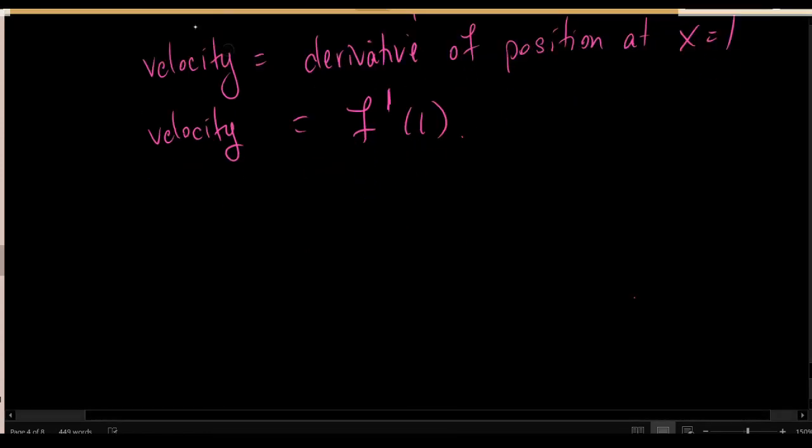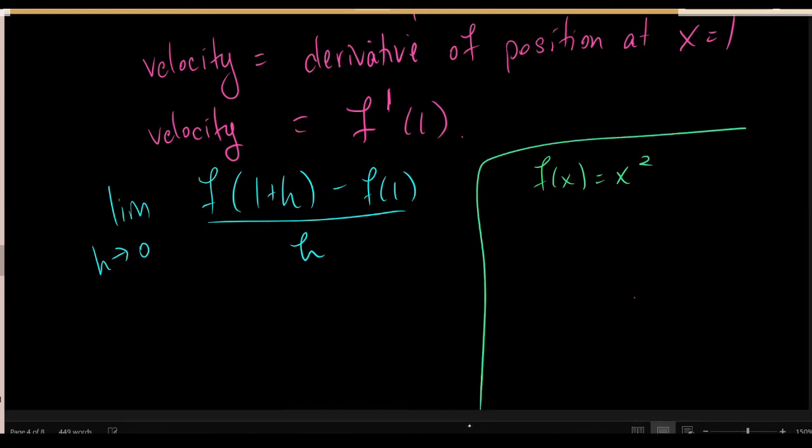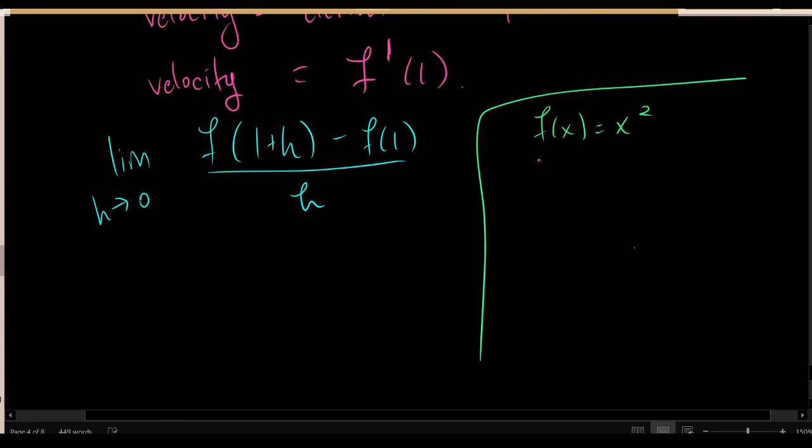So let's bust out our difference quotient. We're looking at f of 1 plus h, minus f of 1, divided by h, where f of x was equal to x squared. If f of x is x squared, then f of 1 is 1 squared, and f of 1 plus h is 1 plus h squared.